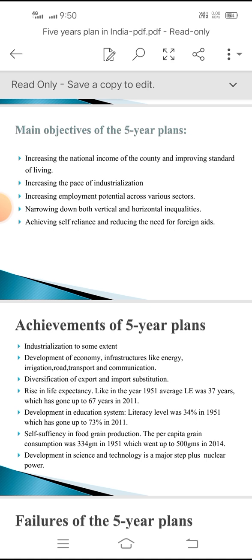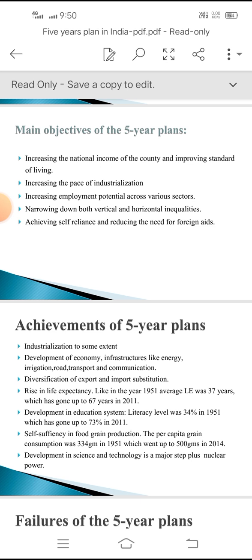The diversification of exports and import substitution. You know one thing, India is very dominant in the field of export and import of goods, even agricultural goods, manpower, and industrial goods, everything.